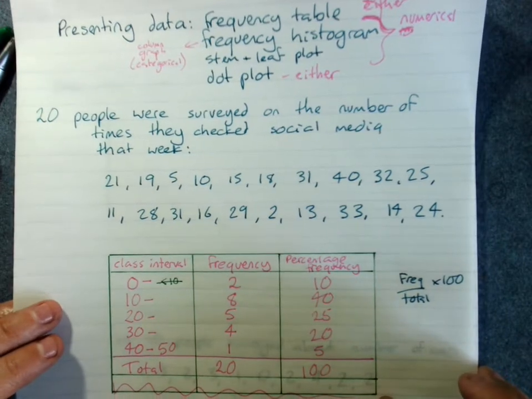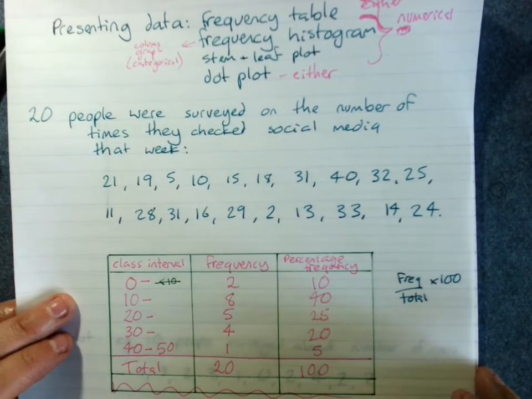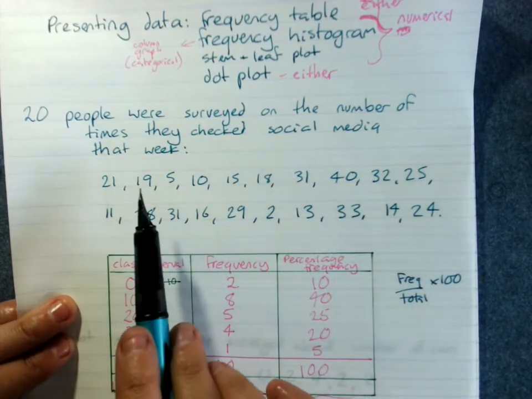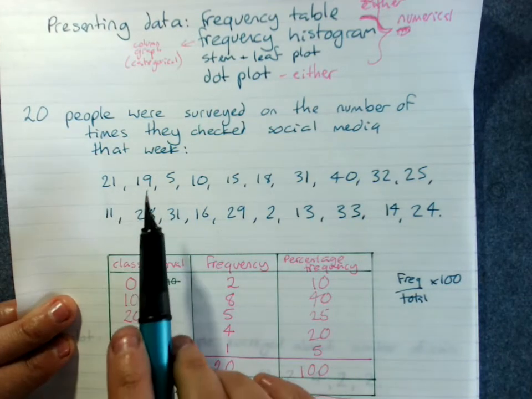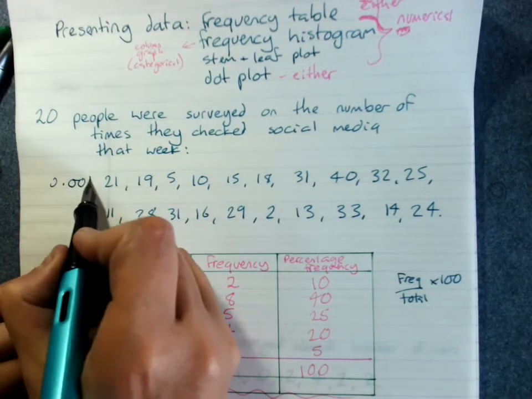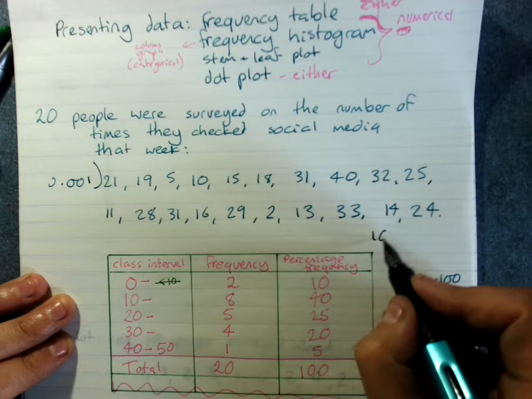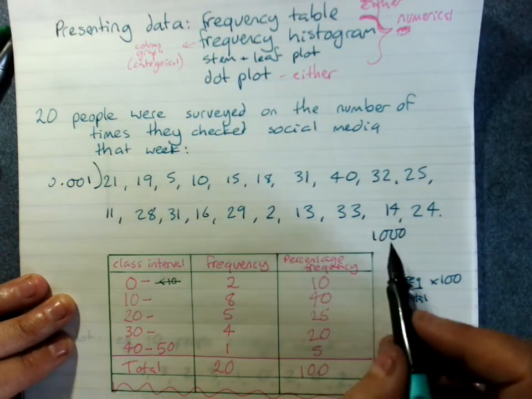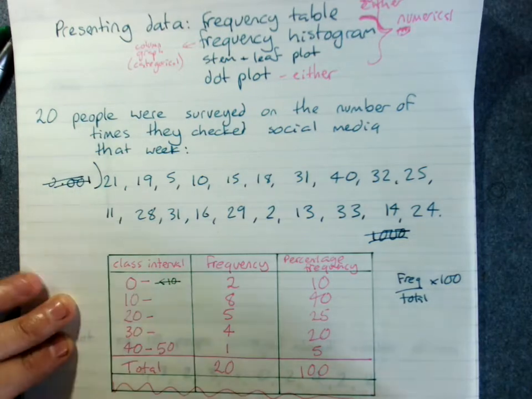This doesn't always work for data if it's very closely grouped or very spread out, but this sort of data is quite ideal because it's somewhat spread out, but we don't have scores all the way from, say, 0.001 up to 1,000. If it was that spread out, you wouldn't be able to manage a stem and leaf plot. It just wouldn't work.